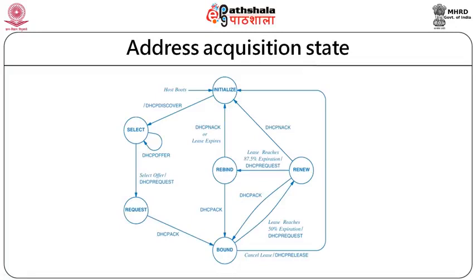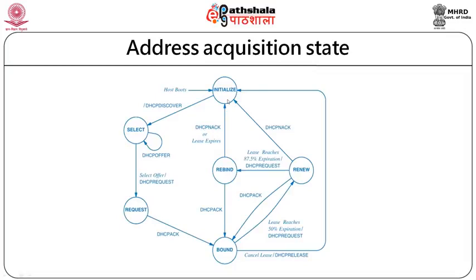Depending on the availability, IP check, the DHCP acknowledge or DHCP not acknowledge message is received. If it receives DHCP acknowledgement, that means its lease time period is extended, and if it gets not acknowledged, that means its lease is going to finish. So from the renew state, it has to go to the initial stage.